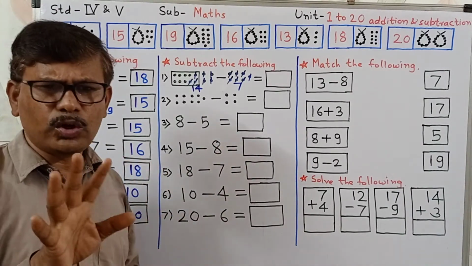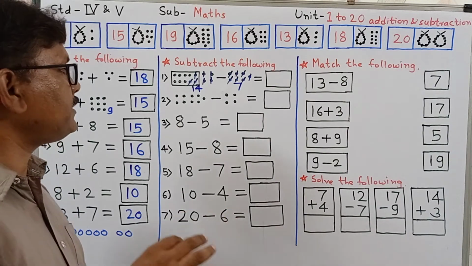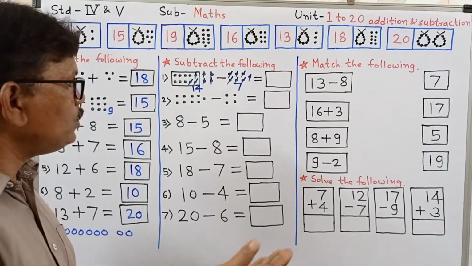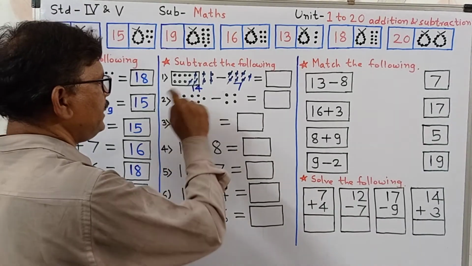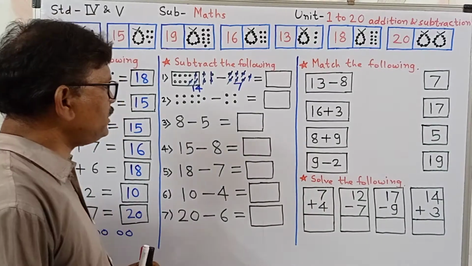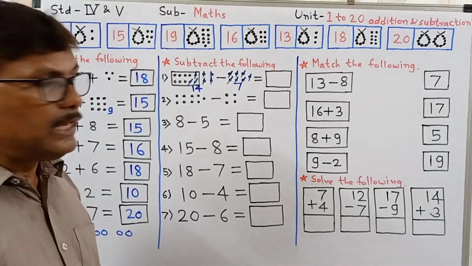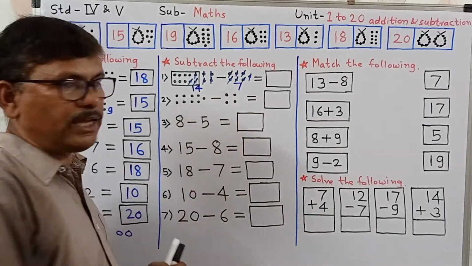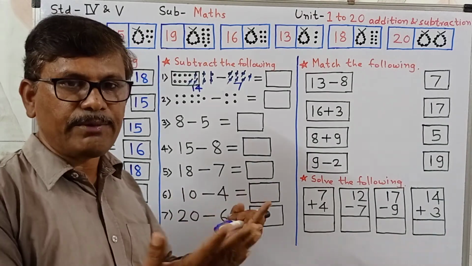That is also a very good method, but the smart method is to count before. Listen, here is 14. And 14 minus 7. So count before 7 numbers.